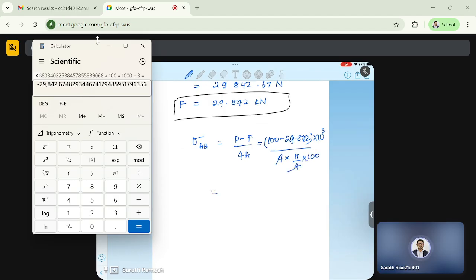So 100, this became 10. So 100 minus 29.842 is 70 times 10 divided by pi, right? This is 223.32 megapascal.